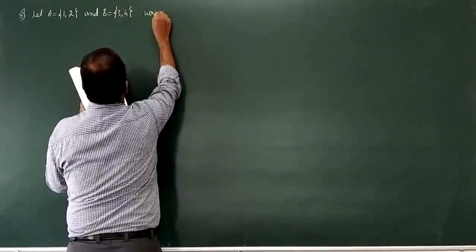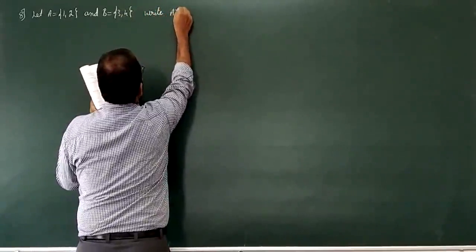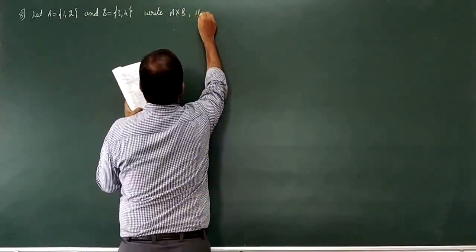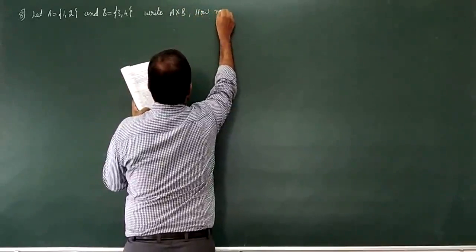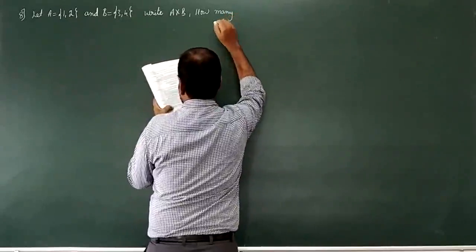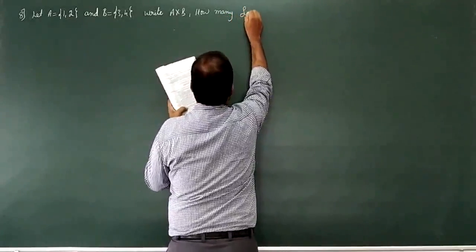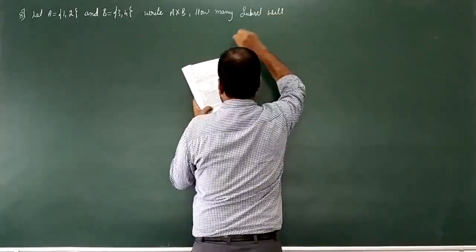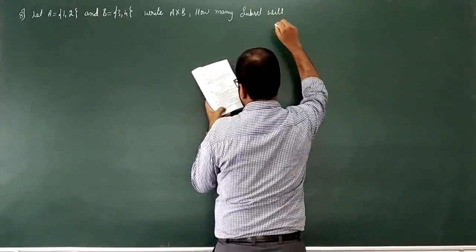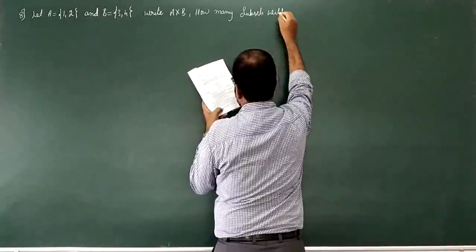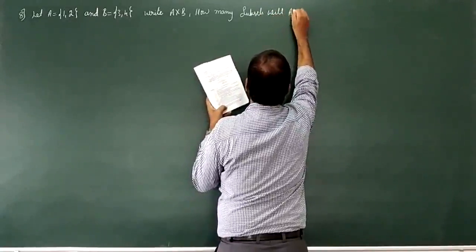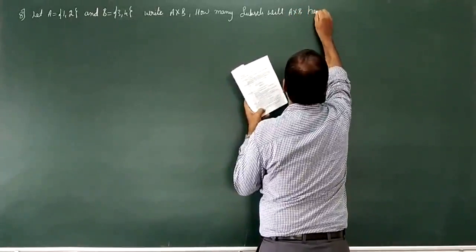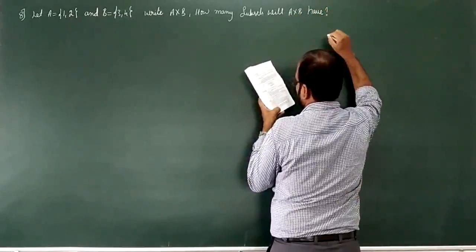Write the Cartesian product of A and B. How many subsets will A cross B have at least?